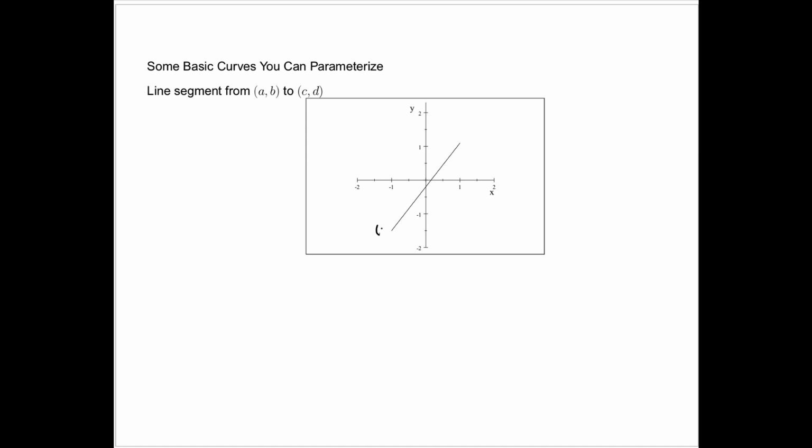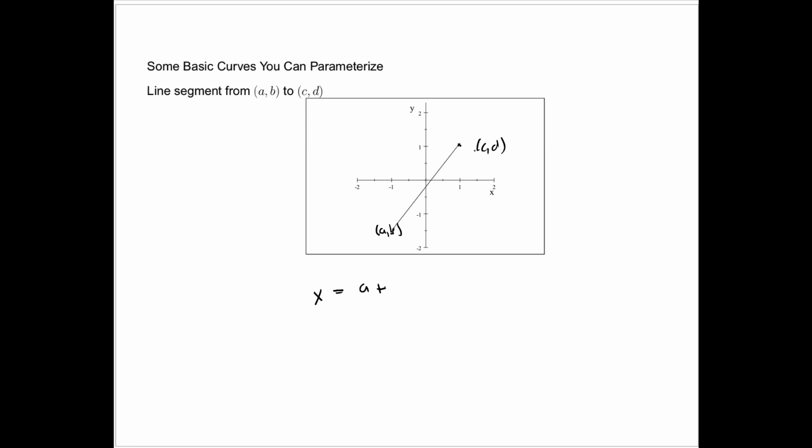Let's say we have a line segment from the point (a, b) to the point (c, d). We can just let x be a plus, now here's the slightly tricky part, how far over do we want x to go?